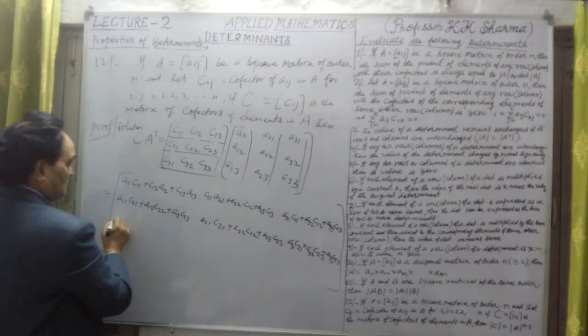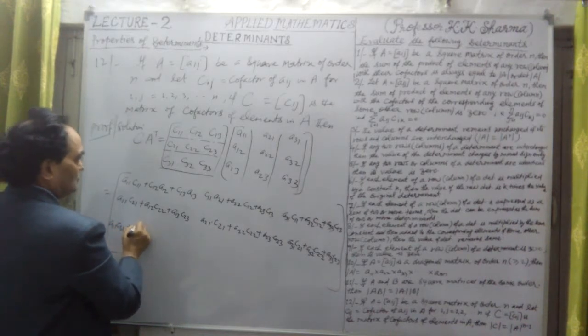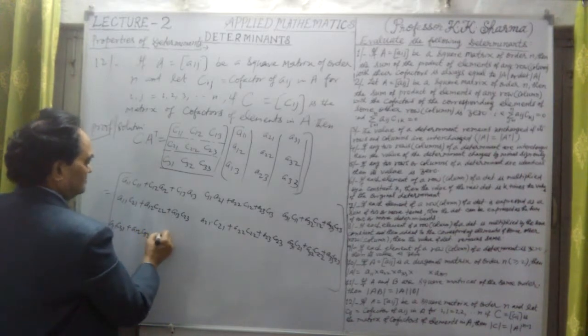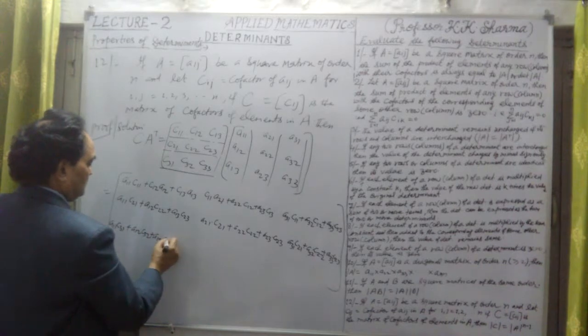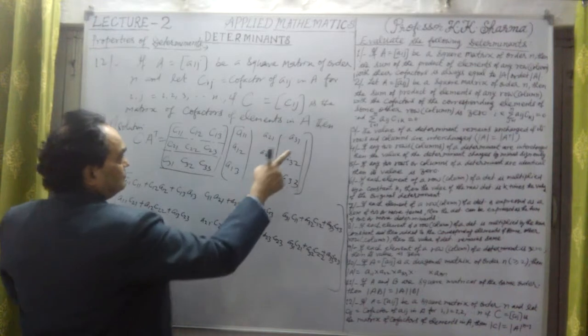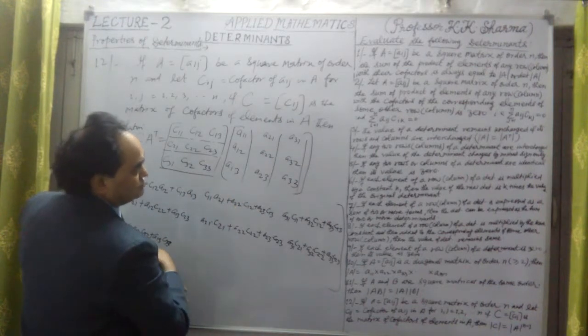Then third row, first column. This is A11 into C31, plus A12 into C32, plus A13 into C33. Different elements, different cofactors, so 0. This is from property number 2.